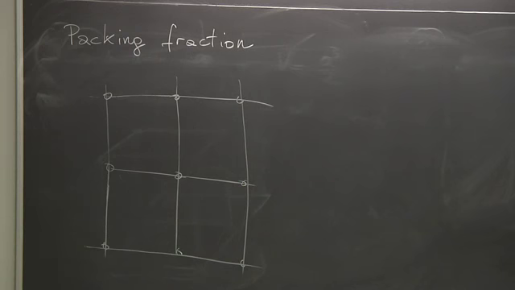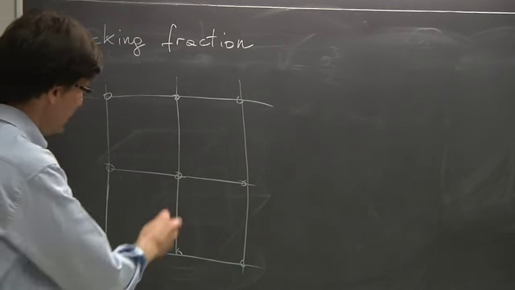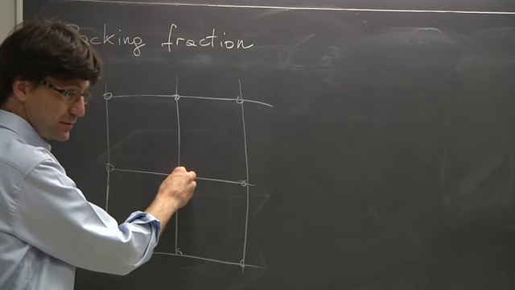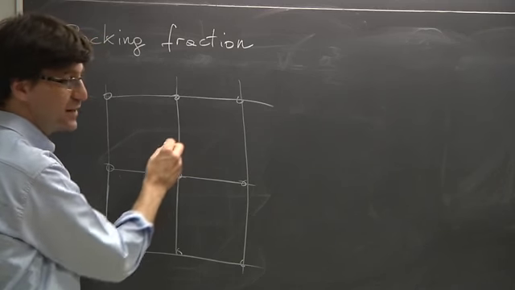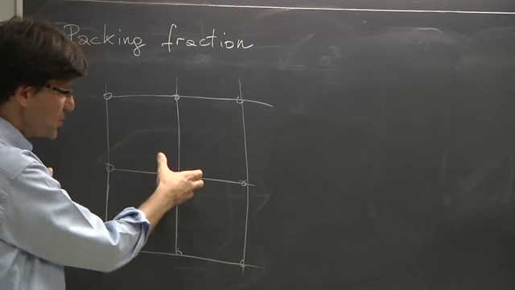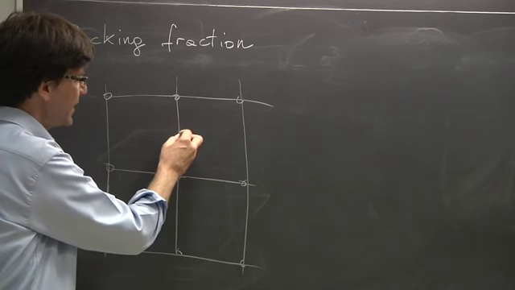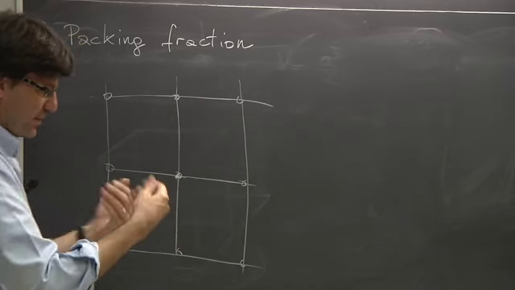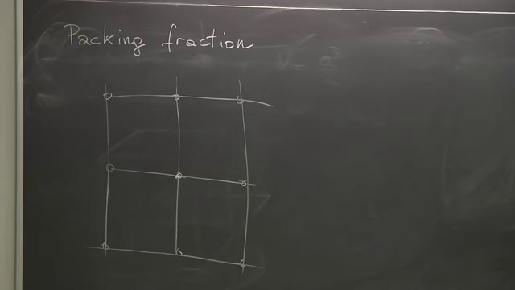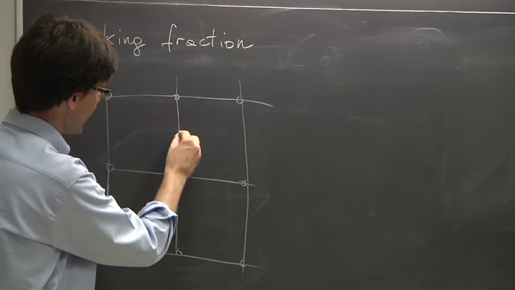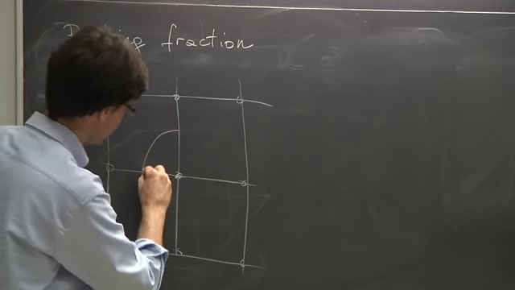Now, the packing fraction is defined as follows. Let me replace each point with a circle. So let me assume that I'm filling this space with real objects, balls or circles, in such a way that their surfaces touch. In the case of the square lattice, what I would do is the following.